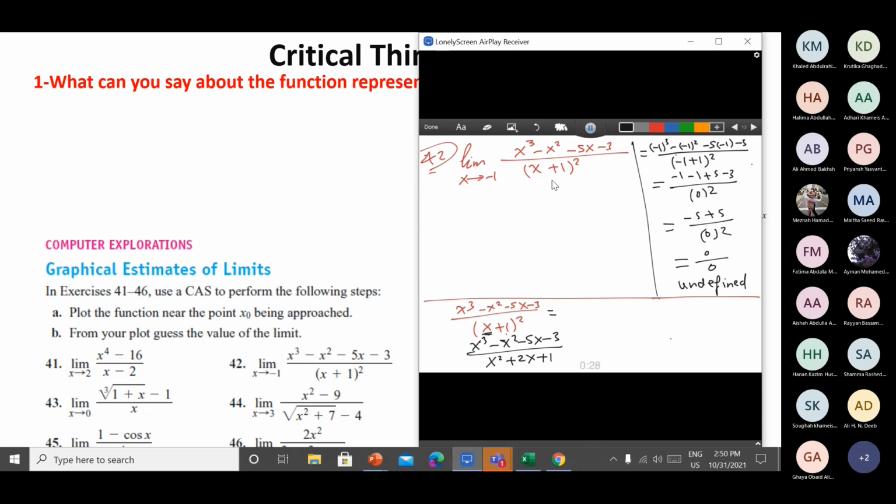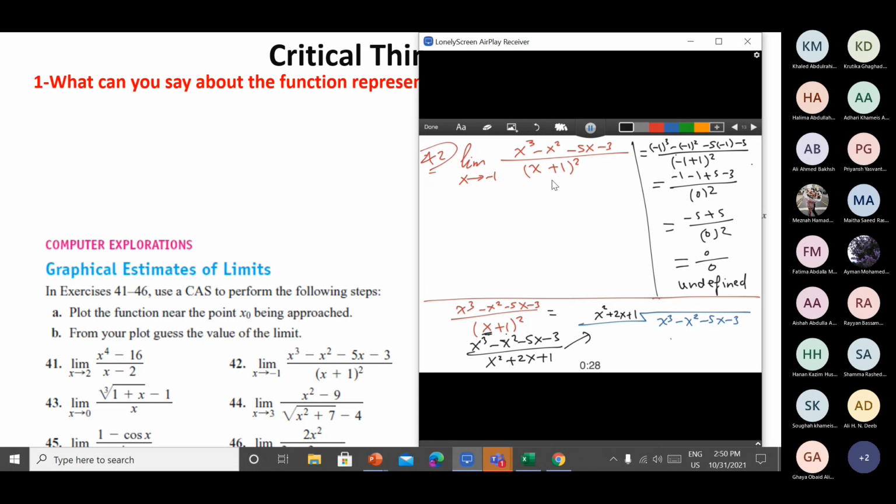Okay, so this is exactly like a long division of the numerator, x cubed minus x squared minus 5x minus 3, divided by the denominator, which is x plus 1 squared, which is x squared plus 2x plus 1.